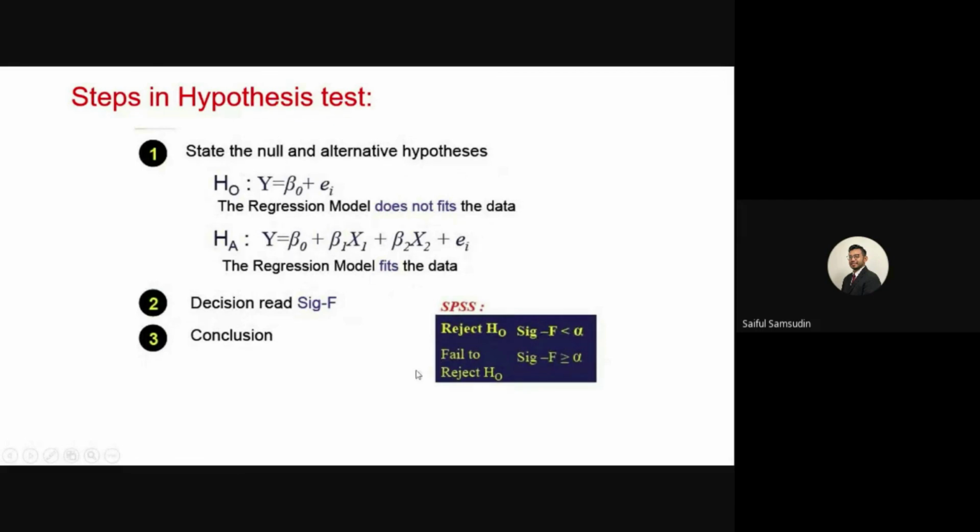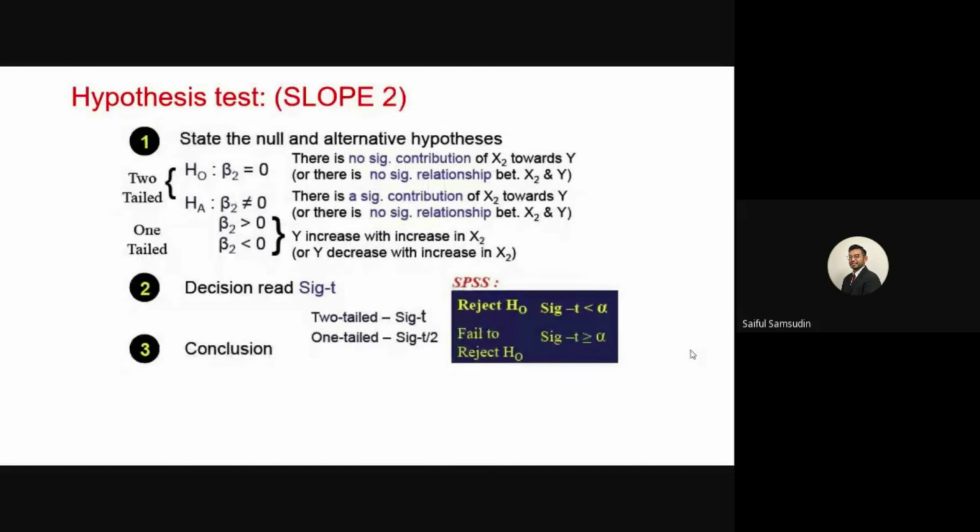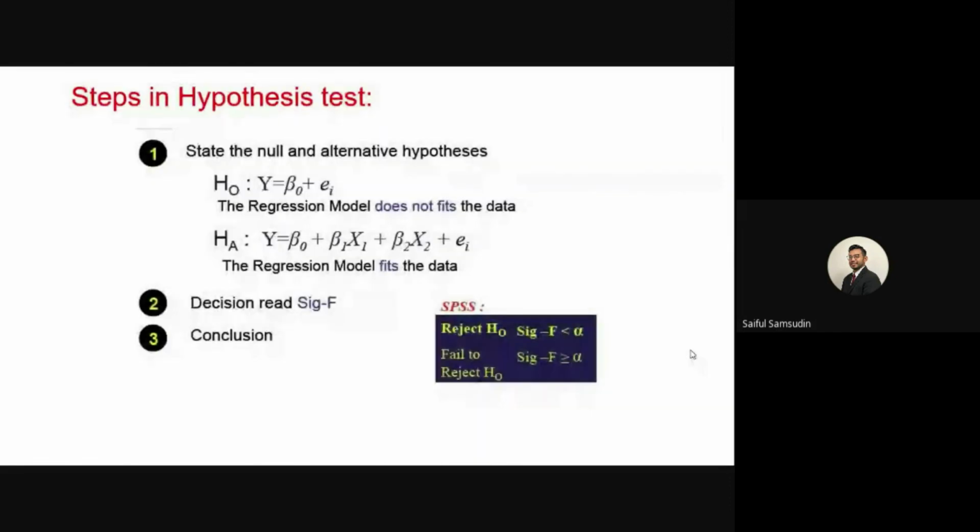We fail to reject, or we accept the H alternative, if the significance F is more than or equal to alpha. All right. So we go back to our data.